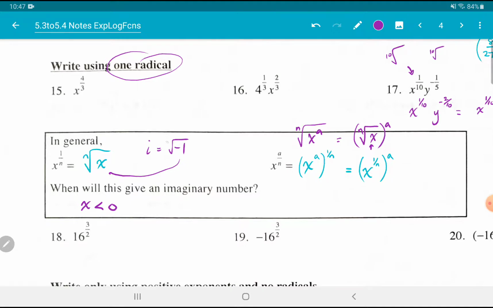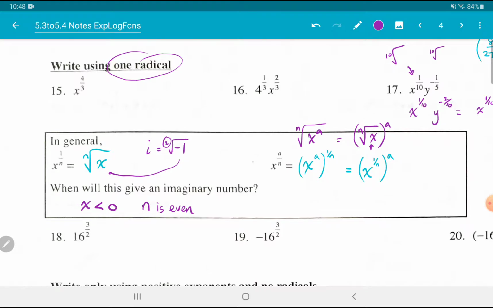If we have the square root of -1, does it also work if you have the cube root of -1? No, that actually gives you -1. So when do we get imaginary? When you have a square root. That basically means that the root has to be even. Where's the root? That's the n. The n has to be even.